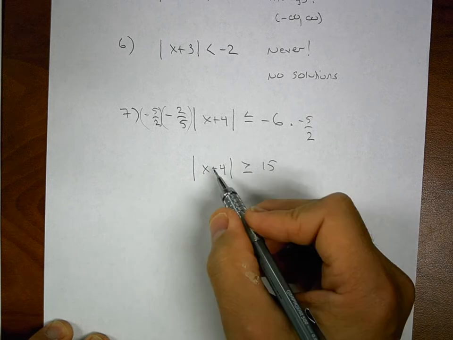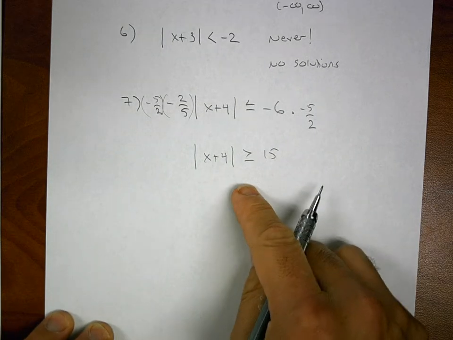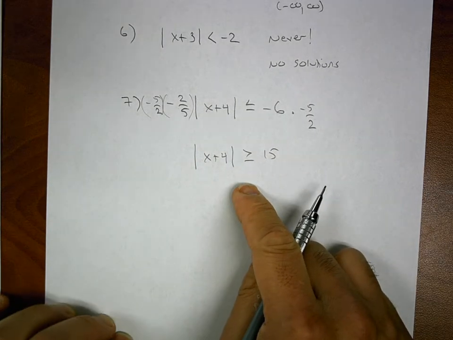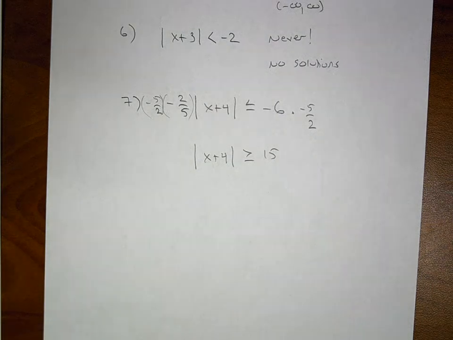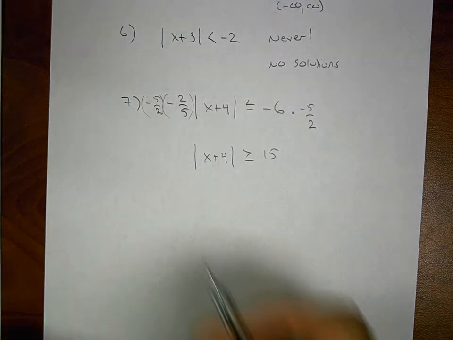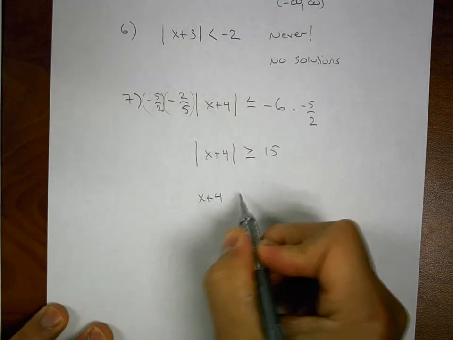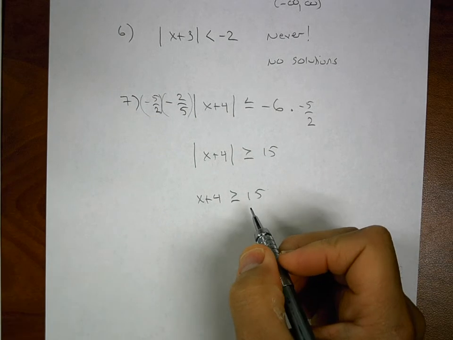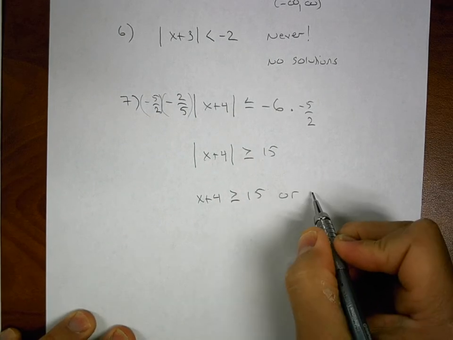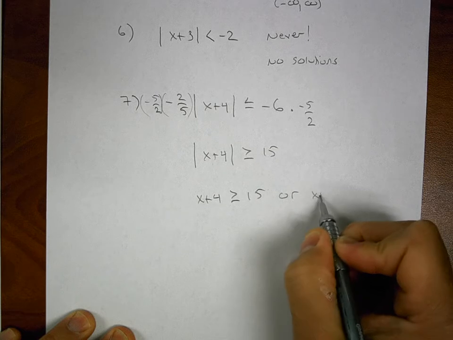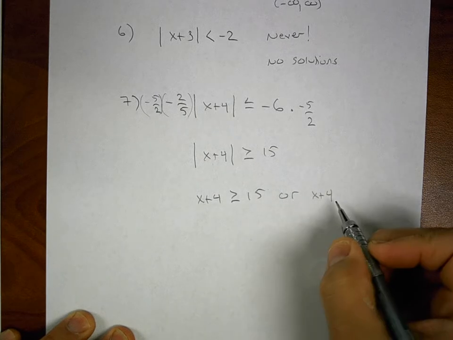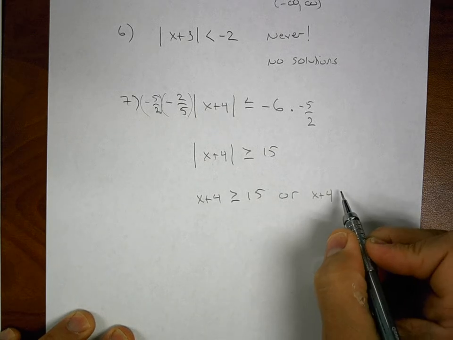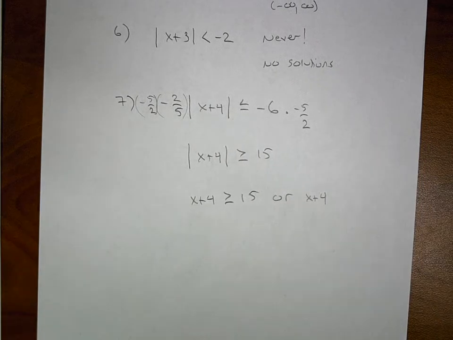This is a great OR. How do we set up an OR? We split it. So x plus 4 is greater than or equal to 15, way out there, or this x plus 4 is less than or equal to negative 15, back there, right?